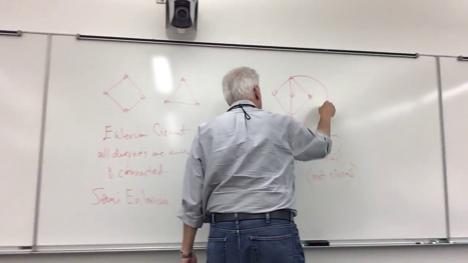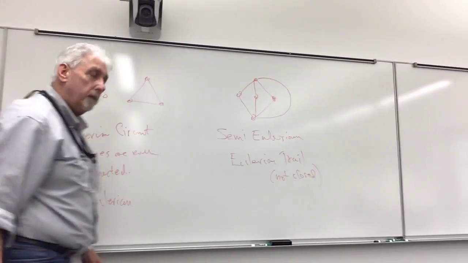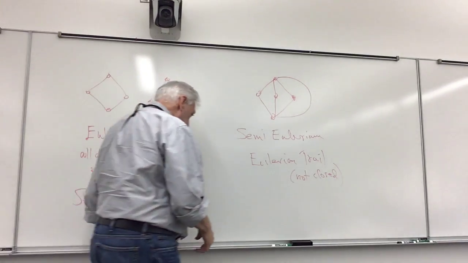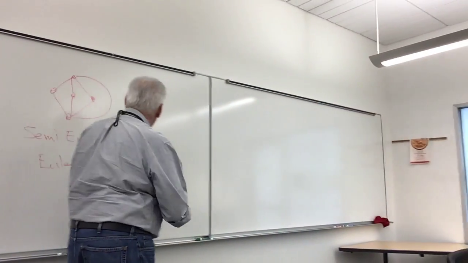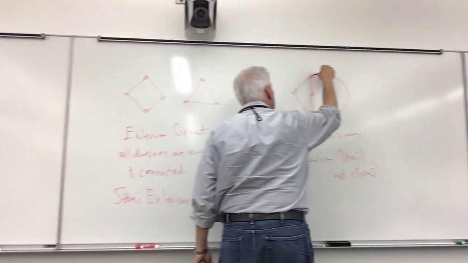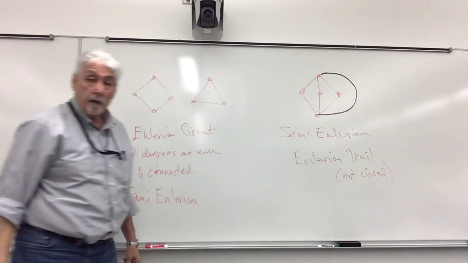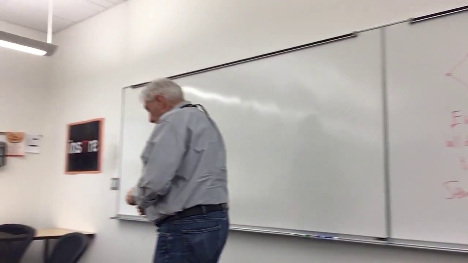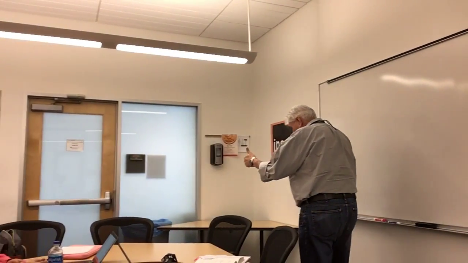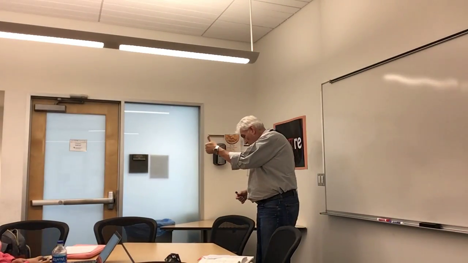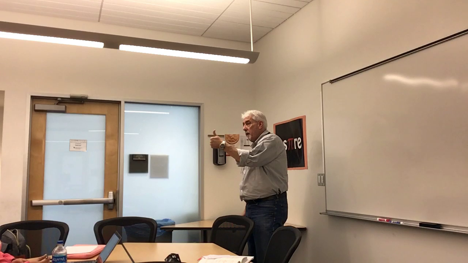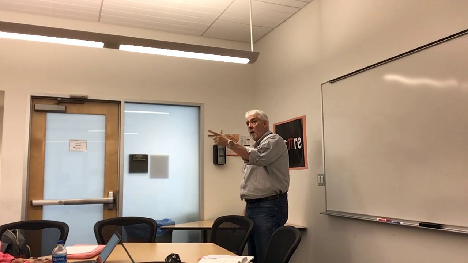What if I put this edge in? Let me make that a different color. What if I put that edge in? Okay, let me ask a question. Is it connected? Can you tell me what the degrees are? They're all even.